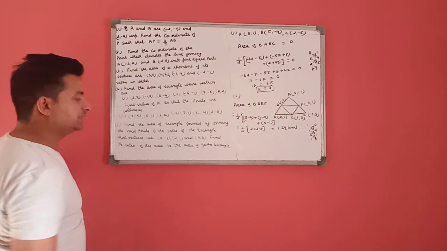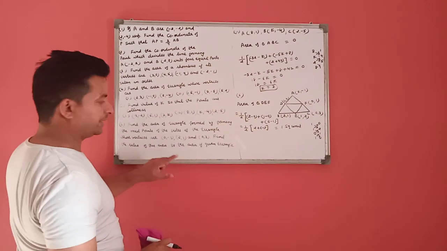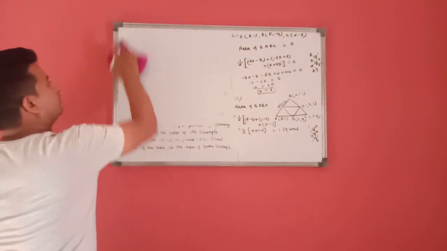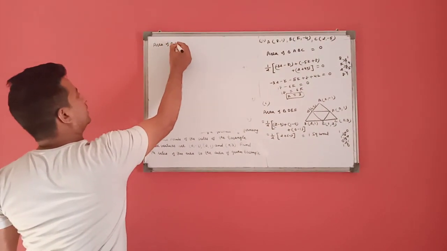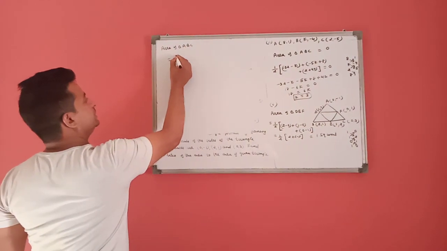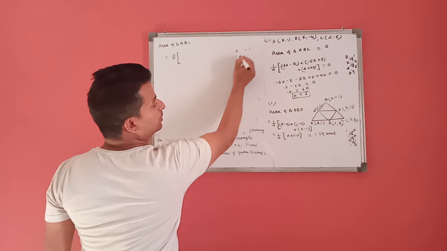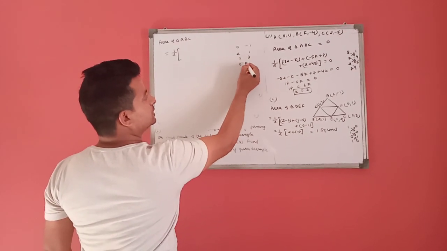Find the ratio of the area of this triangle to the given triangle. First, we find the area of the given triangle. That is the area of triangle ABC, which is equal to 1/2. Coordinates of A are (0, -1), B is (2, 1), C is (0, 3), (0, -1).